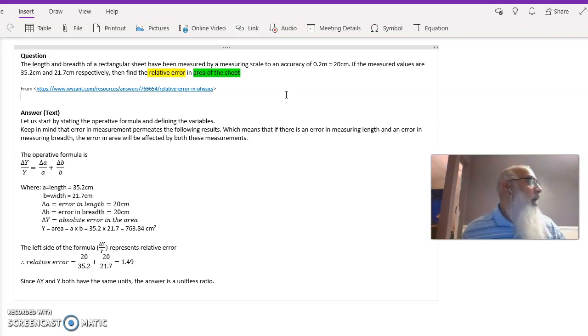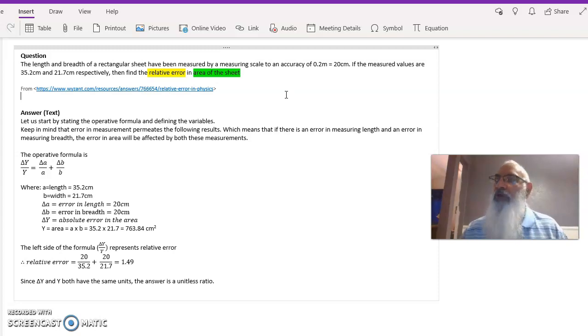Second thing is how accurate is the instrument that is being used, or in other words, what is the least count of the measuring instrument. So, for example, if you are using a meter rule to measure a length, most of the time the most accurate you can get is to 1 millimeter.